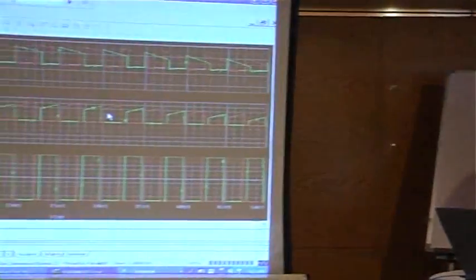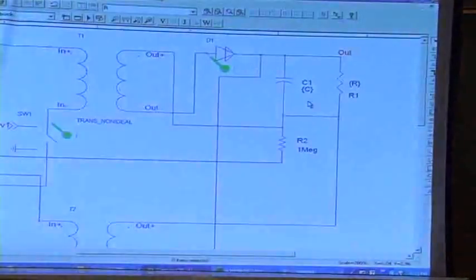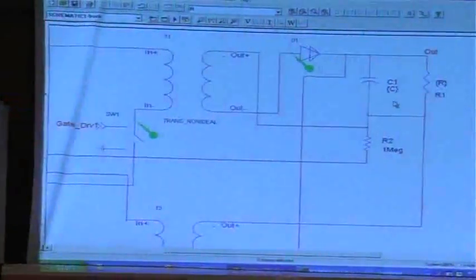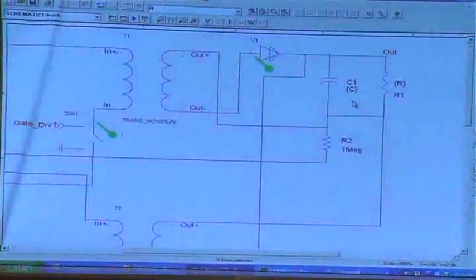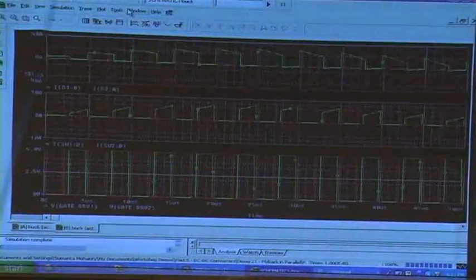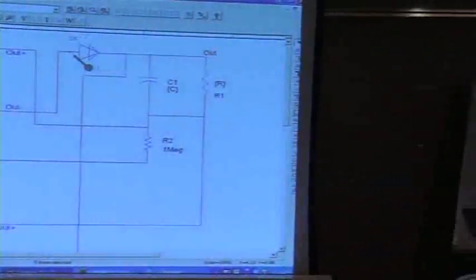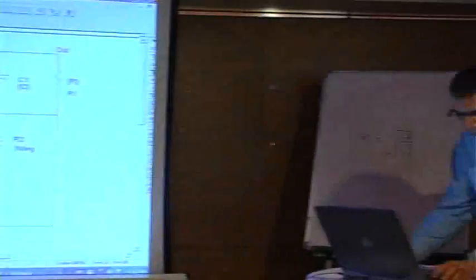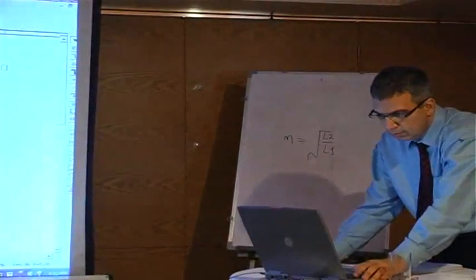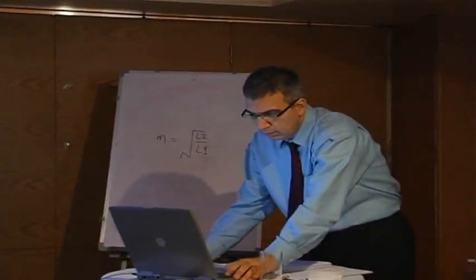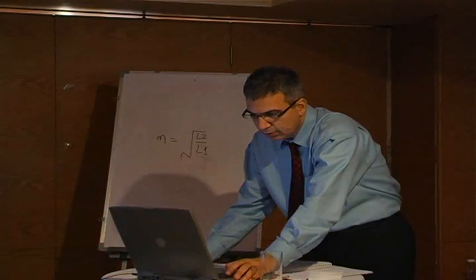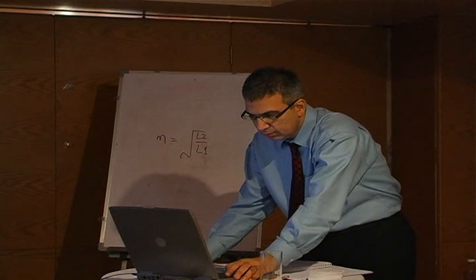And if you look at the capacitor output voltage, it's about 4.9 volts.